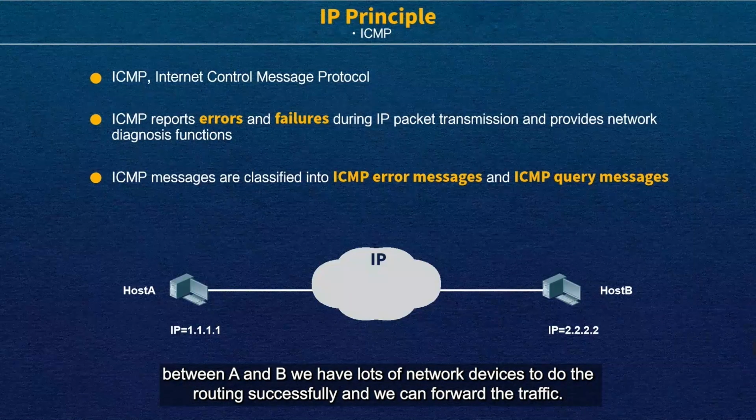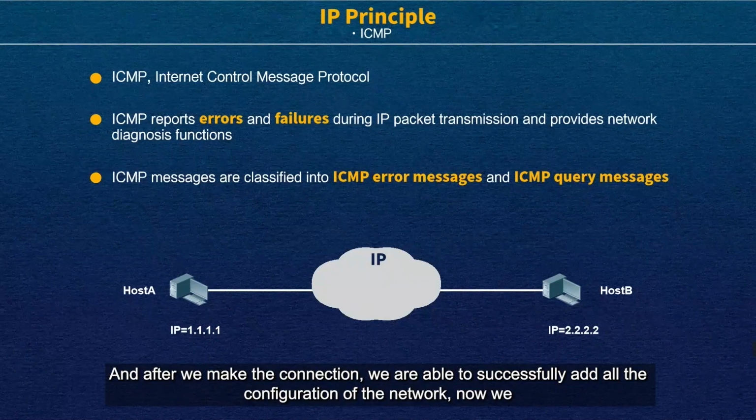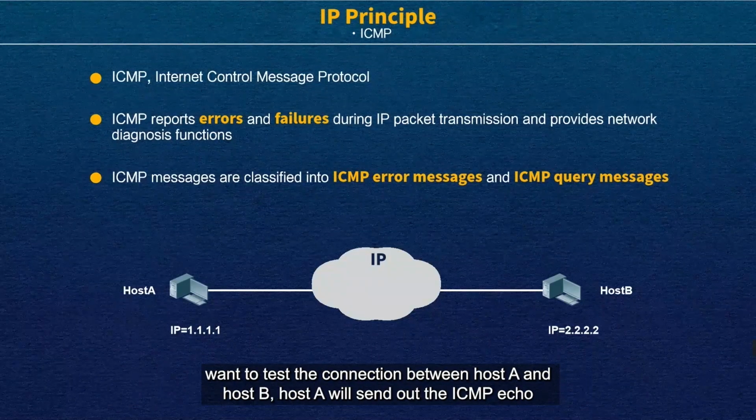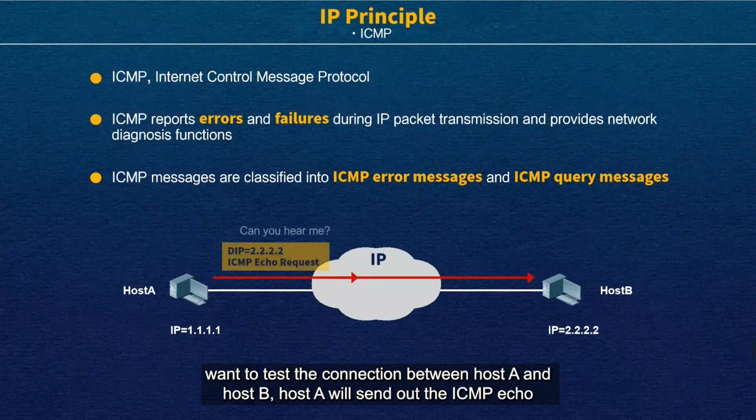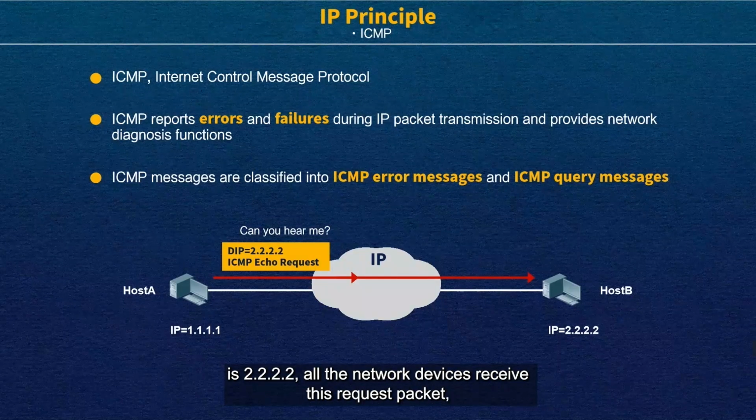Of course, between A and B we have lots of networks to make the routing work, and after we successfully add all the network configuration, now we want to test the connection between host A and host B. Host A will send out the ICMP echo request. This function asks: can you hear me? And the destination IP is 2.2.2.2.